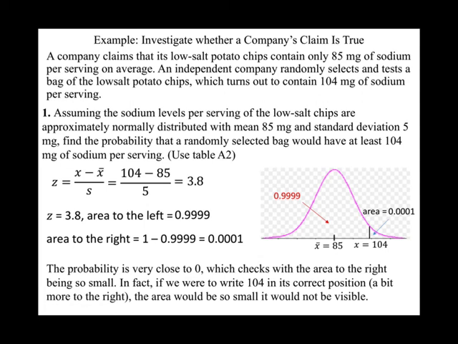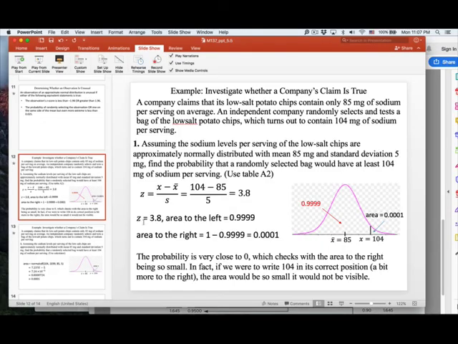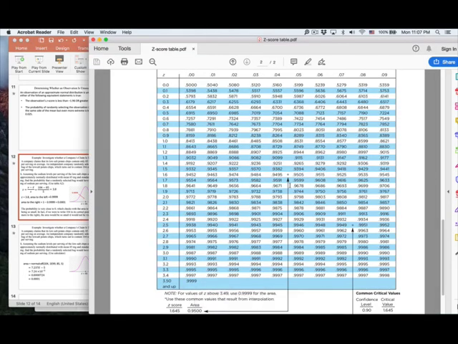Okay, now let me show you how to use the table A2. We know the z-score is going to be 3.8. So let's look at the table. For positive z-scores here, you can see 0, 1, 2, 3. The greatest z-score is 3.5 and up, so we only have one area here.